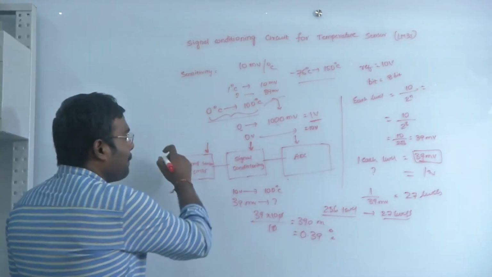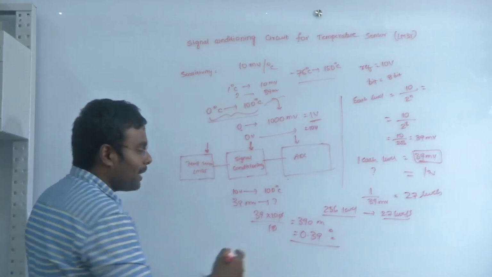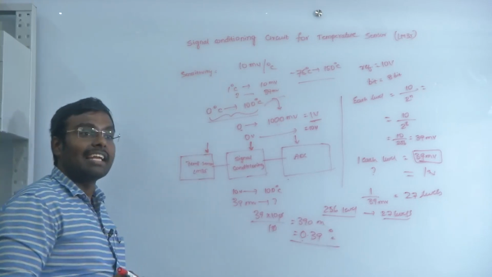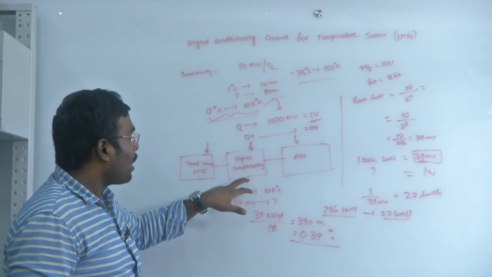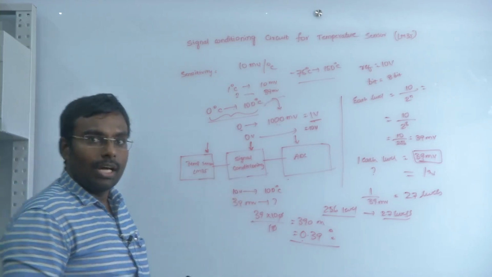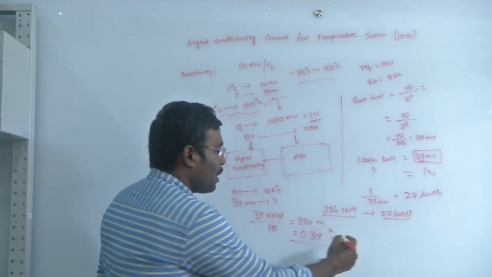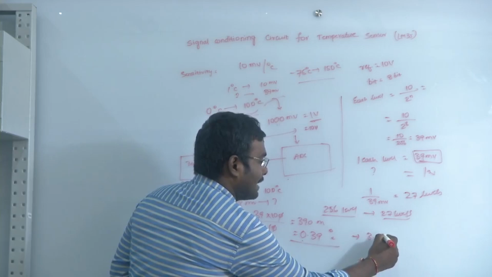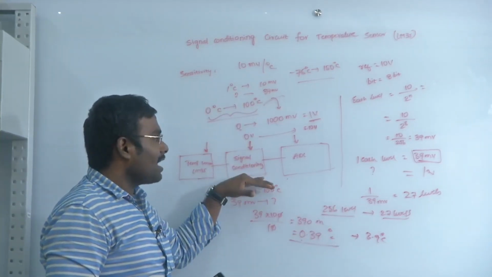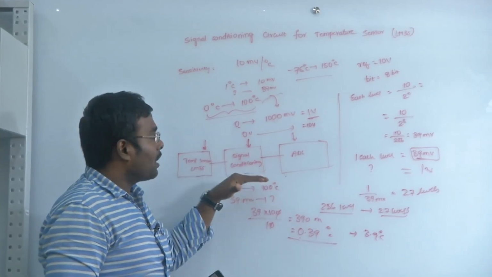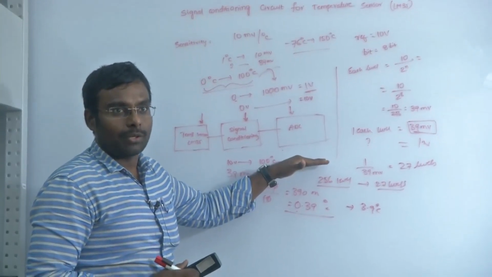The complete system can detect a change in the input temperature for every 0.39 degrees centigrade, which is less than 0.5 degrees centigrade. Whereas if we are not using this signal conditioning circuit, the resolution of the system is 3.9 degrees centigrade. So, it is clearly understood that using a signal conditioning circuit, we can achieve the best accuracy as well as resolution of the complete circuit.